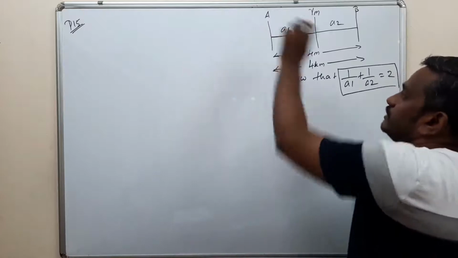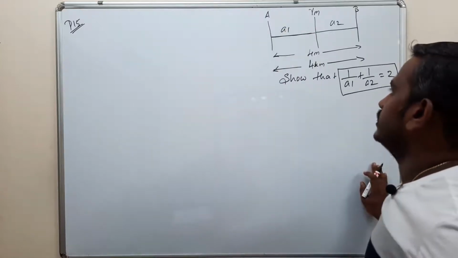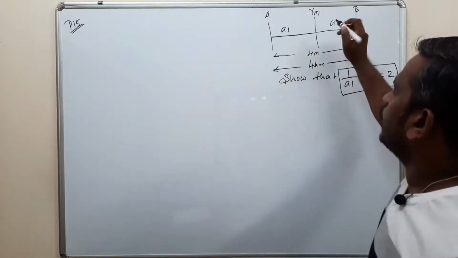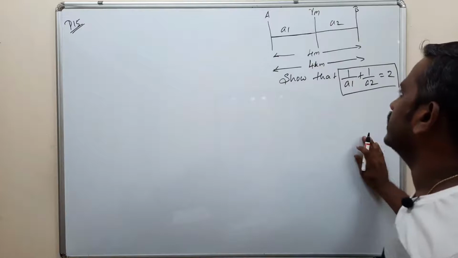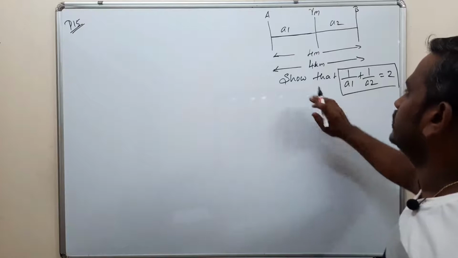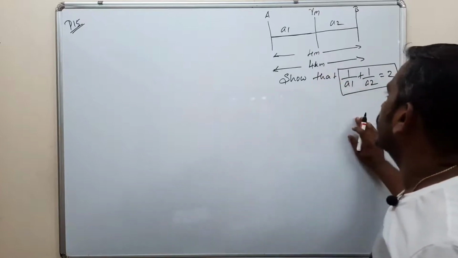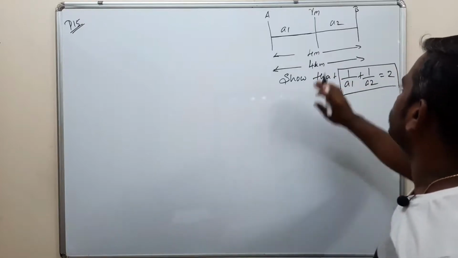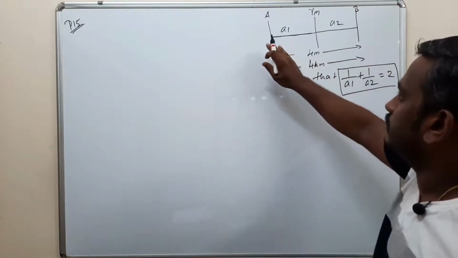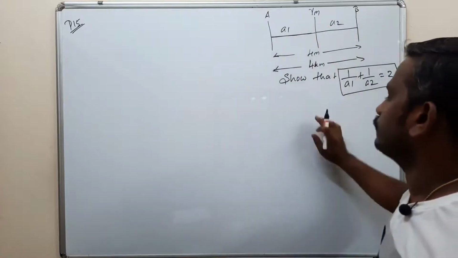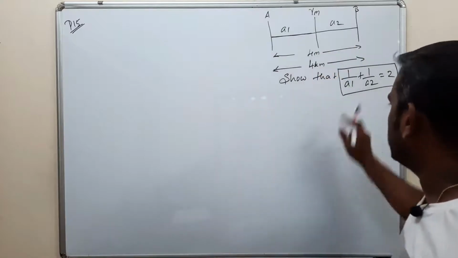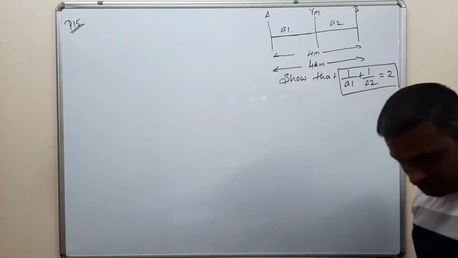A train starts from station A and moves with a constant acceleration a1, and at a particular point it reaches the maximum velocity Vm. From that point onwards the train starts to decelerate with a constant deceleration a2, and it comes to rest at station B. The time taken to travel from A to B is 4 minutes, and the distance between the two stations is 4 km. Show that 1 by a1 plus 1 by a2 is equal to 2.